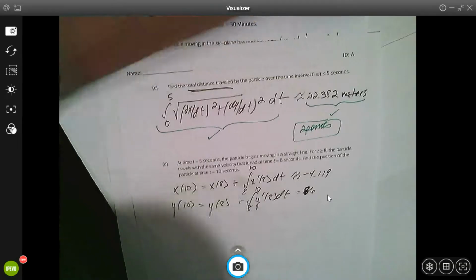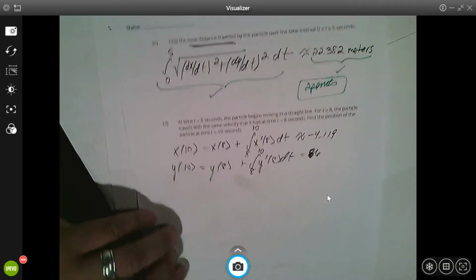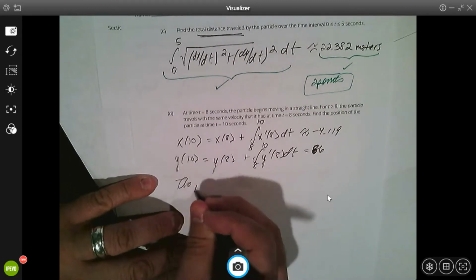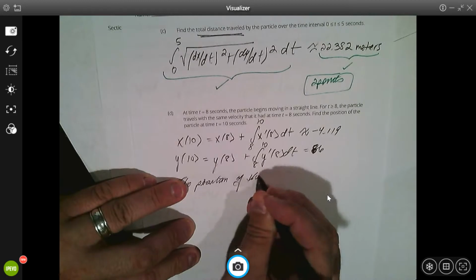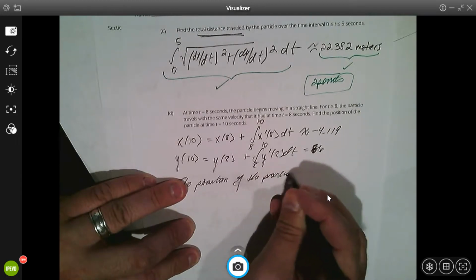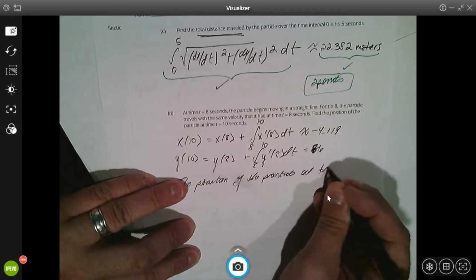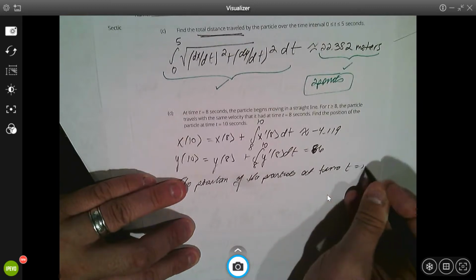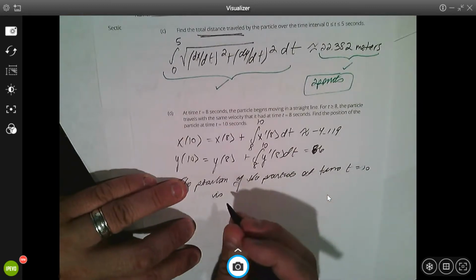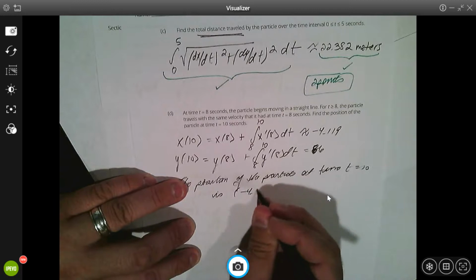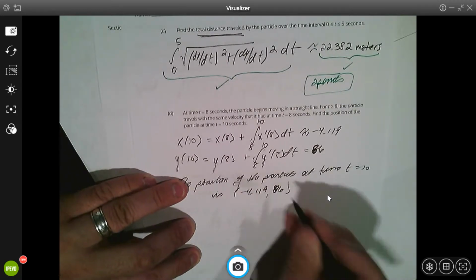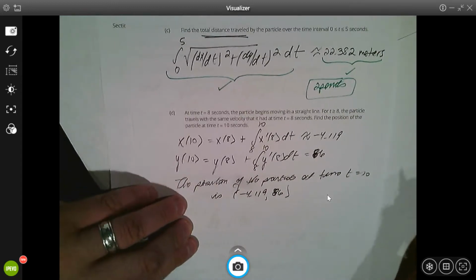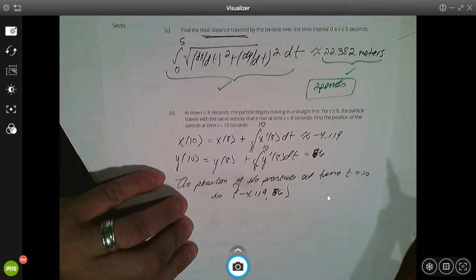So let's go back to the notes here. Okay, and I would want to say something like the position of the particle at time t equals 10 is, give it to me as a point, negative 4.119 comma 86. All right, so what did they say?